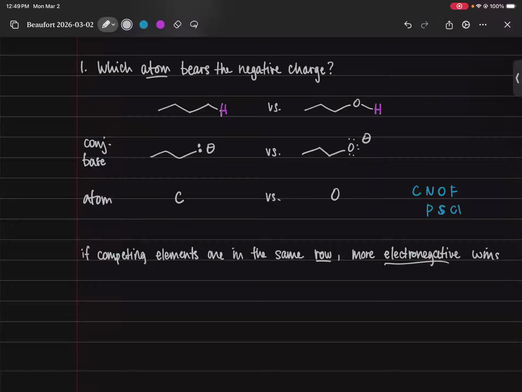Okay, so we're comparing carbon and oxygen. And so, right, electronegativity increases as you move to the right on the periodic table. So oxygen is more electronegative.